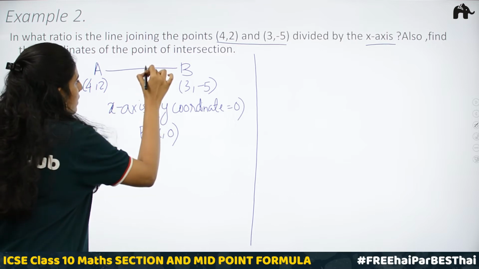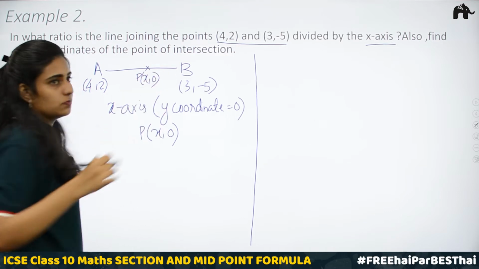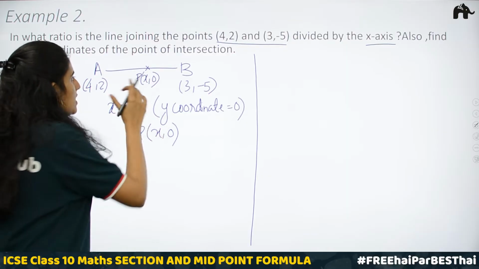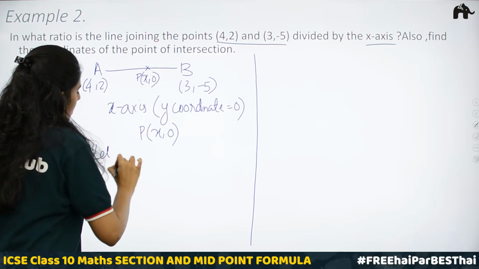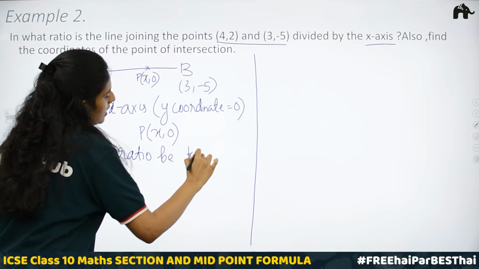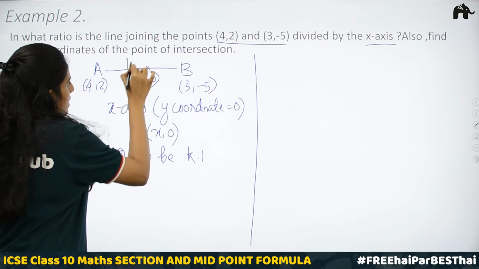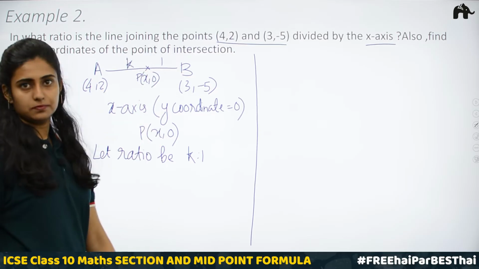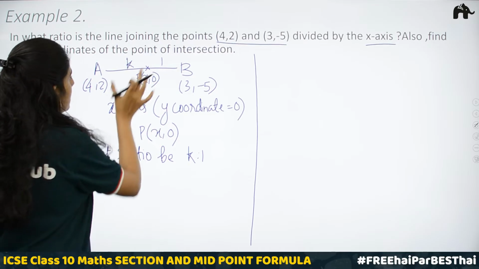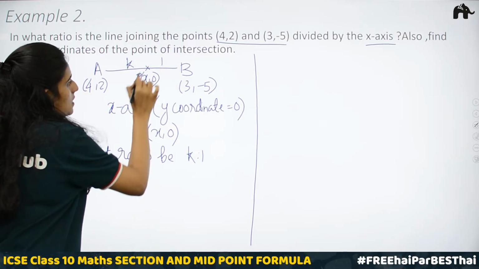Here we'll be taking the point P x, 0. Now we don't know the ratio in which they are divided. Let the ratio be k is to 1. This part is k and this part is 1. We need to find this ratio and the point of intersection, this point P.